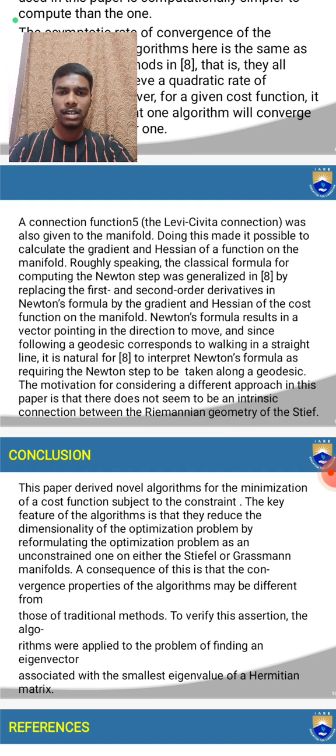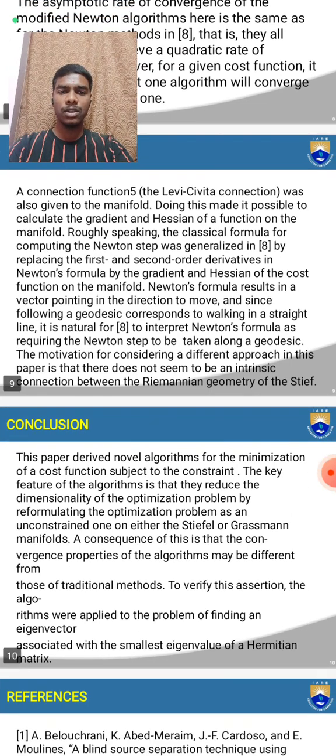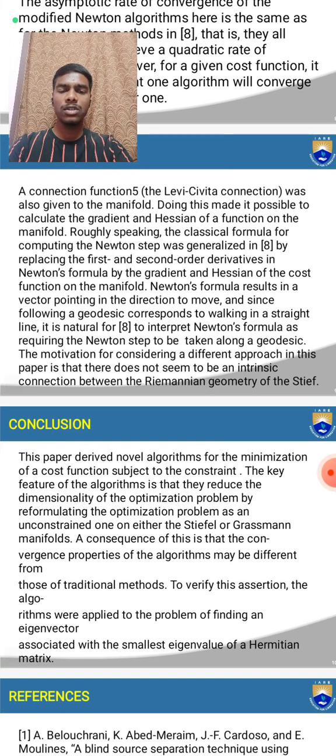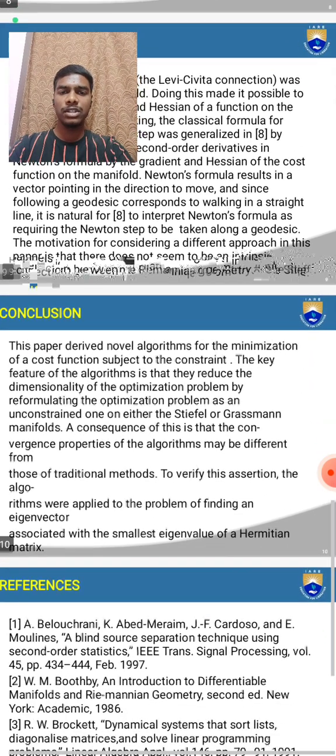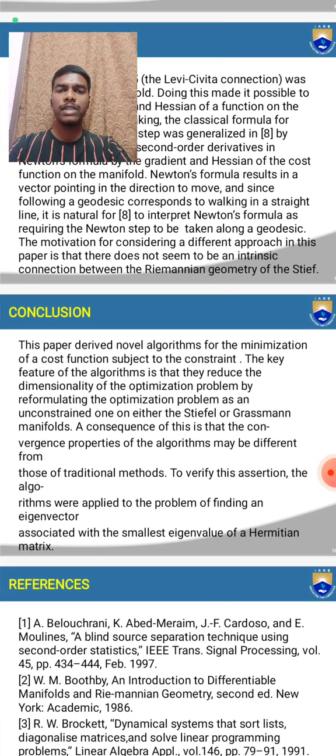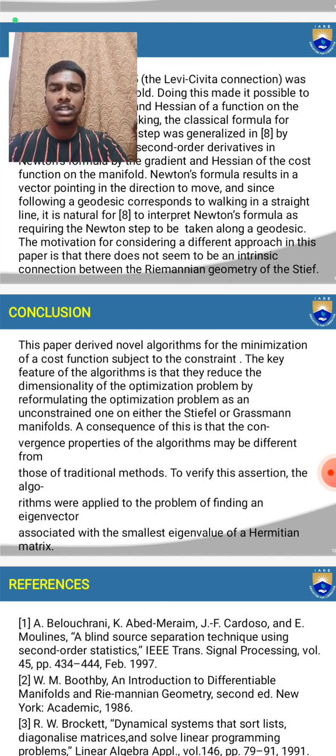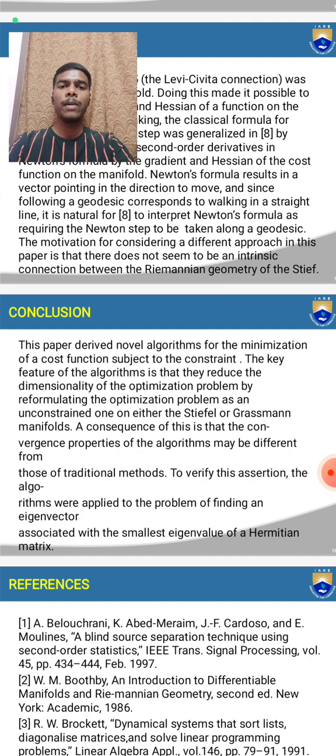Newton's formula results in a vector pointing in the direction to move. Since following a geodesic corresponds to walking in a straight line, it is natural to interpret Newton's formula as requiring the Newton step to follow geodesics. The motivation for considering a different approach in this paper is that there does not seem to be an interesting connection between the Riemannian geometry and the step.